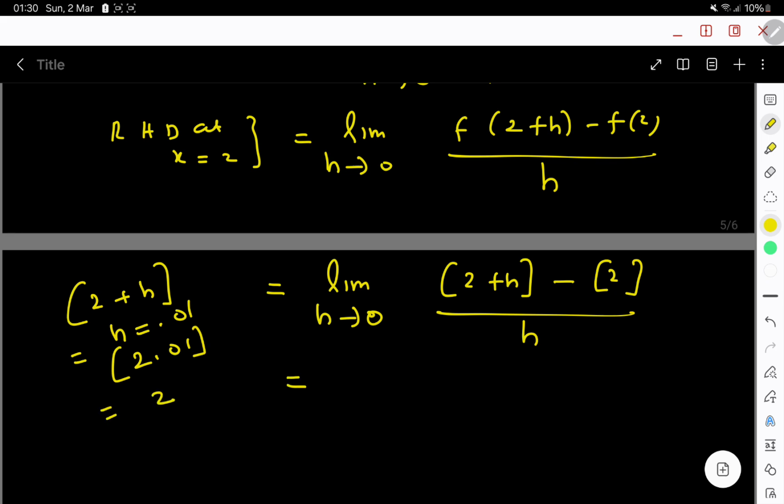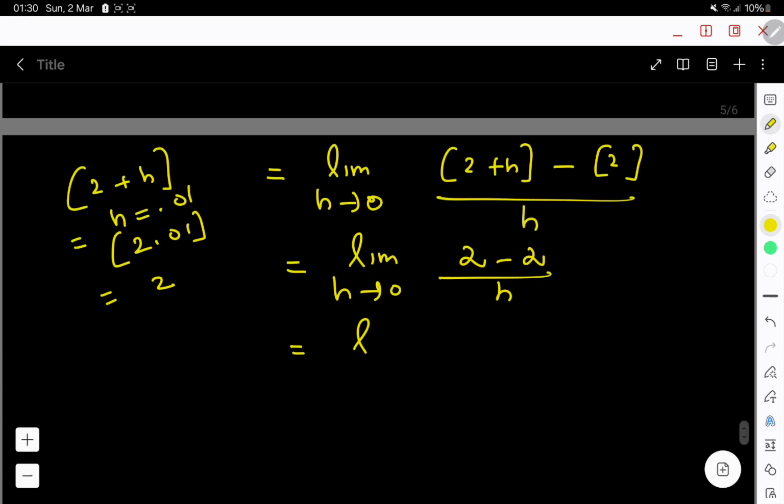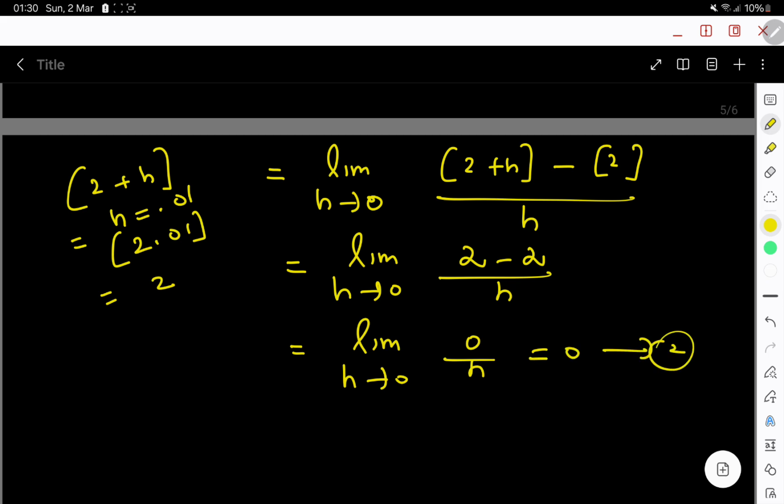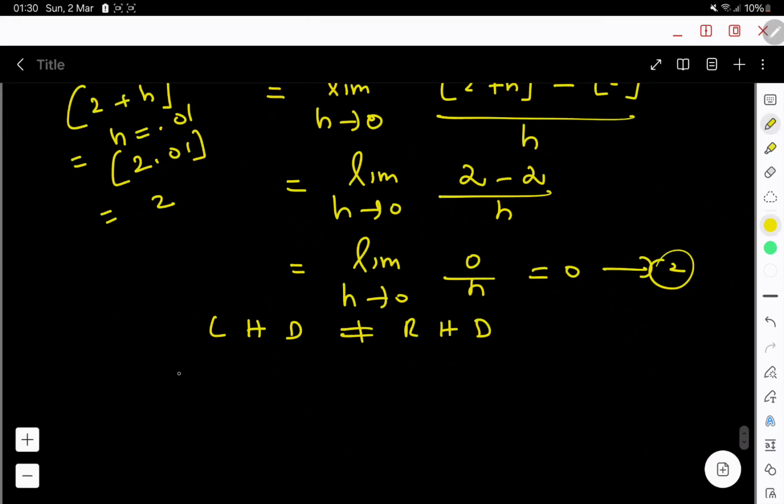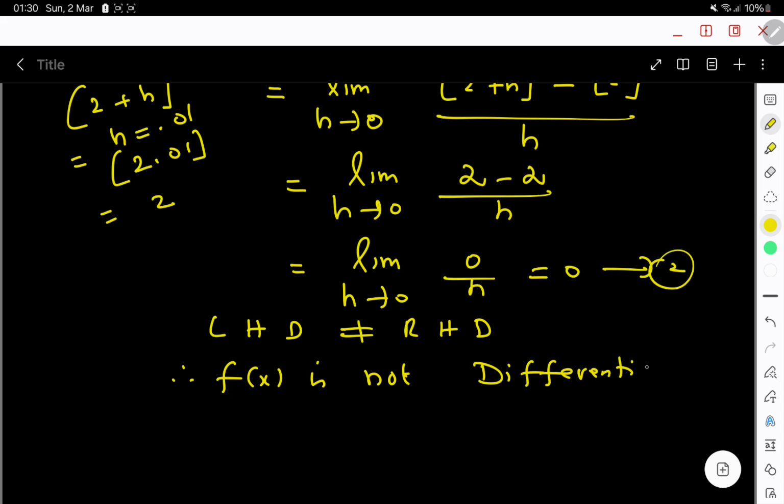So limit h tends to 0, 2 minus 2 is 0 by h, and 0 by h is 0. So in equation number 2, the left hand derivative is infinity, the right hand derivative is 0. They are not equal, the left hand derivative is not equal to the right hand derivative. Therefore f of x is not differentiable at x equal to 2.